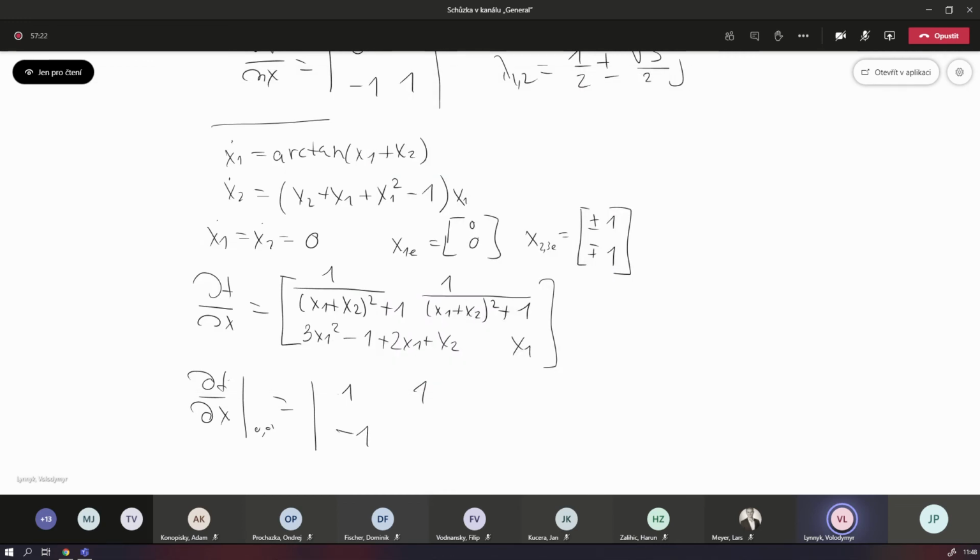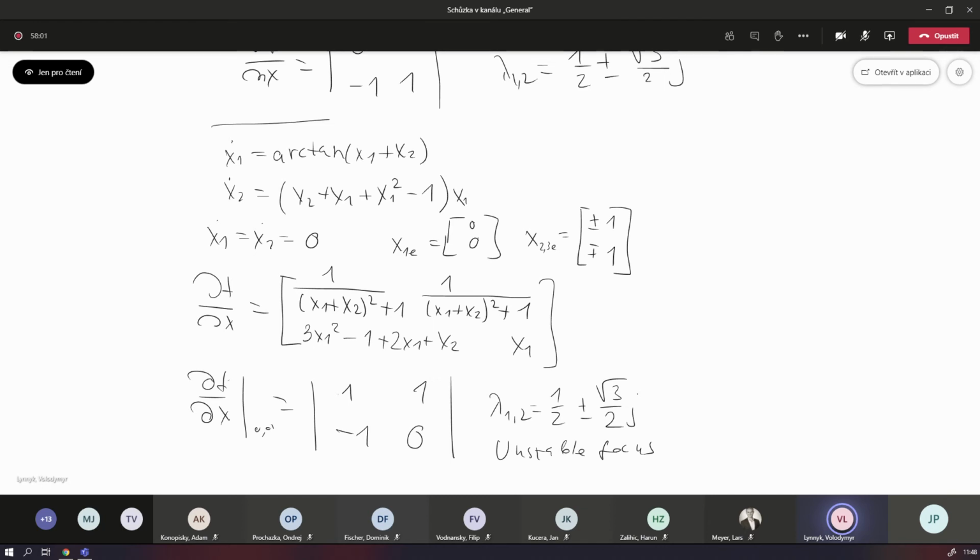And here 0 is 2. Okay, we can calculate these eigenvalues. Lambda 1, 2 equal to 1/2 plus minus j. Okay, and as we know, this is unstable focus.